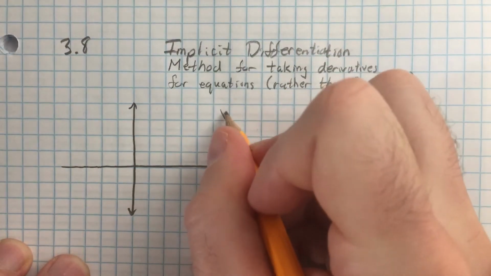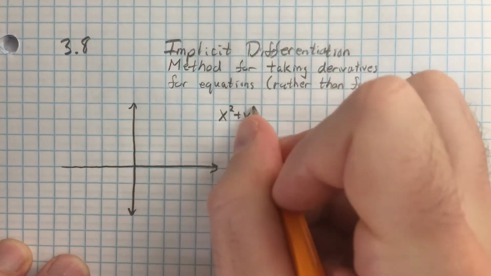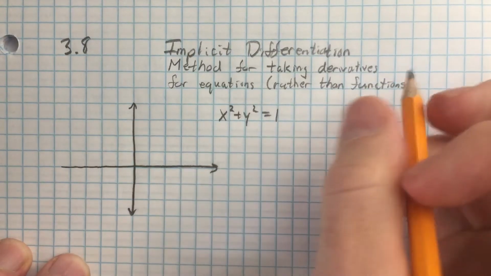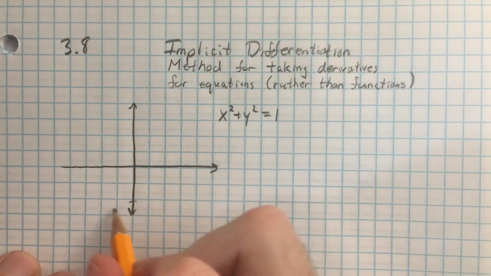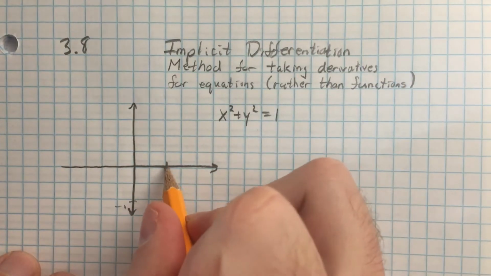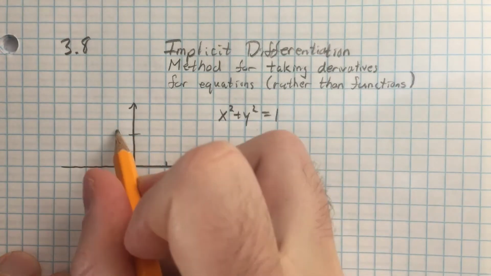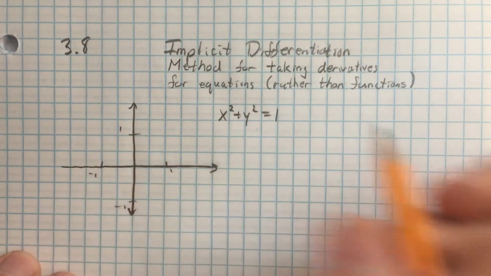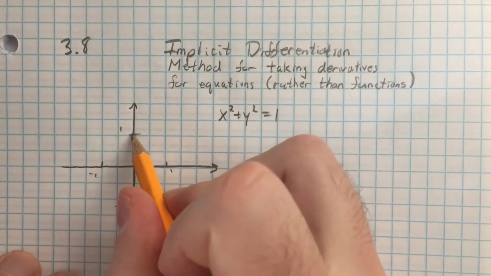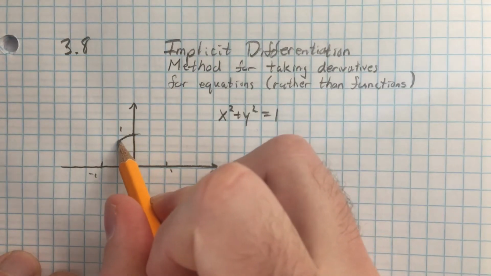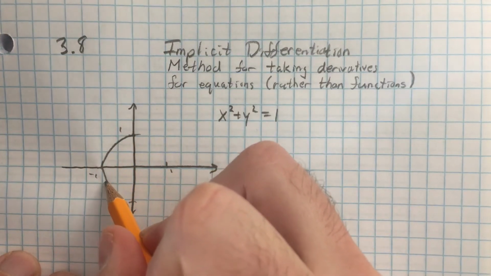If you had the unit circle, x squared plus y squared equals 1. So if that's negative 1, and here's 1, and negative 1, so I could draw the unit circle centered at 0.